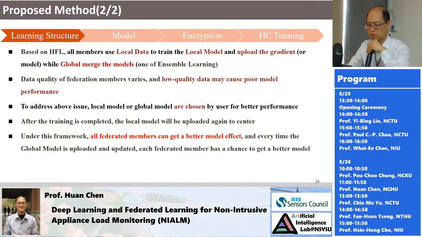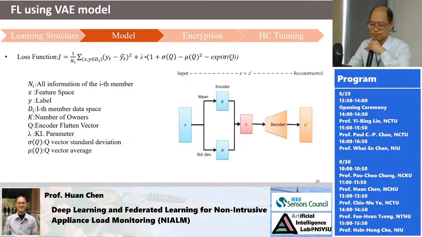So we have the federated learned model, as you can see. Under this framework, all federated members can get a better model effect. Every time the global model is updated, they can choose to use this one or their local one.